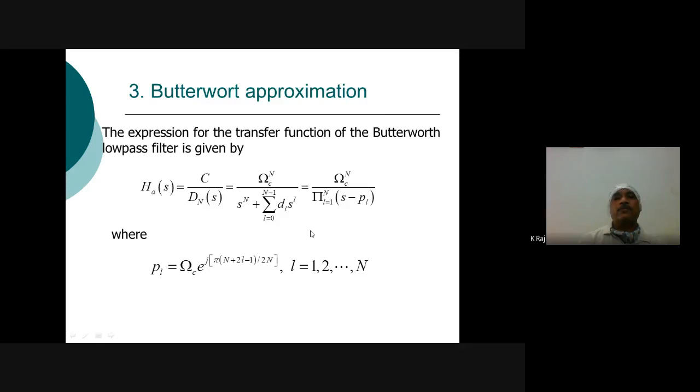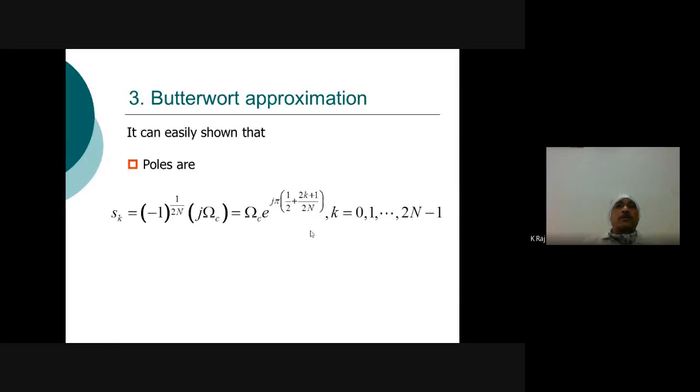So this is the description or derivation of the transfer function of the analog filter using the Butterworth approximation.